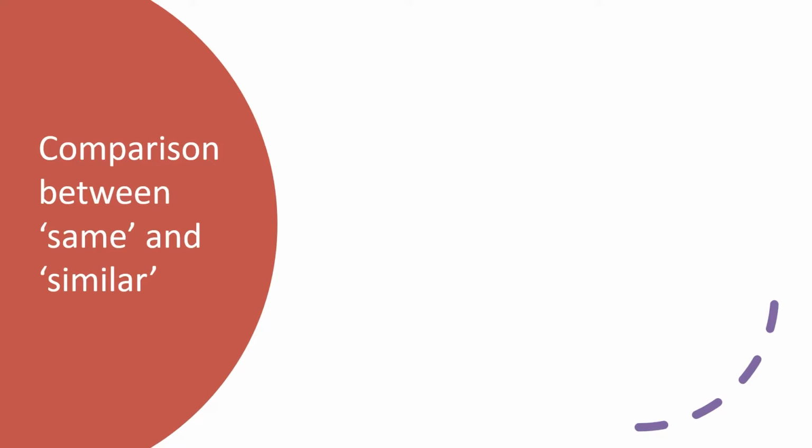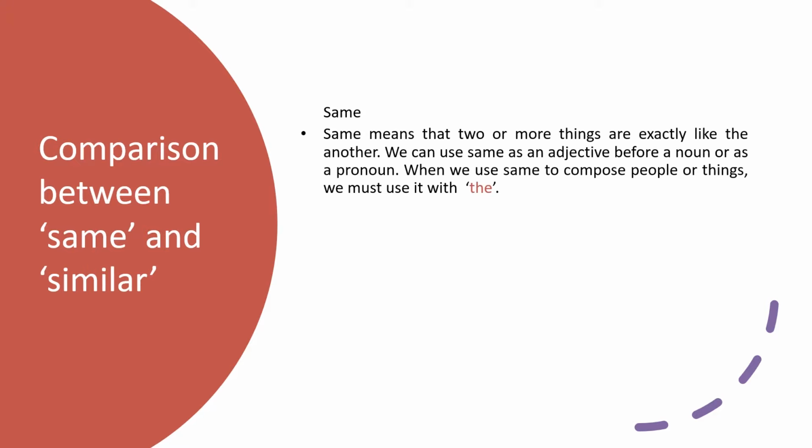Let us begin with the comparison between same and similar. Same means that two or more things are exactly like one another. We can use same as an adjective before a noun or a pronoun.